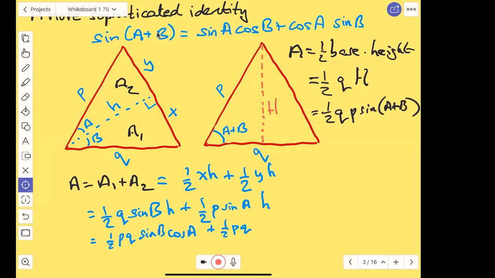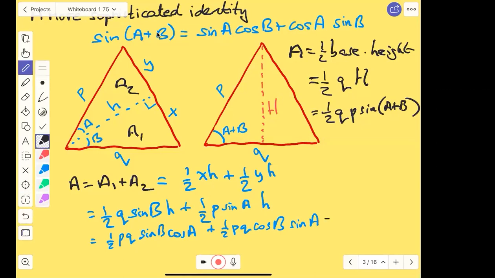The cosine of B is H over Q. So H is Q cosine of B times sine of A.